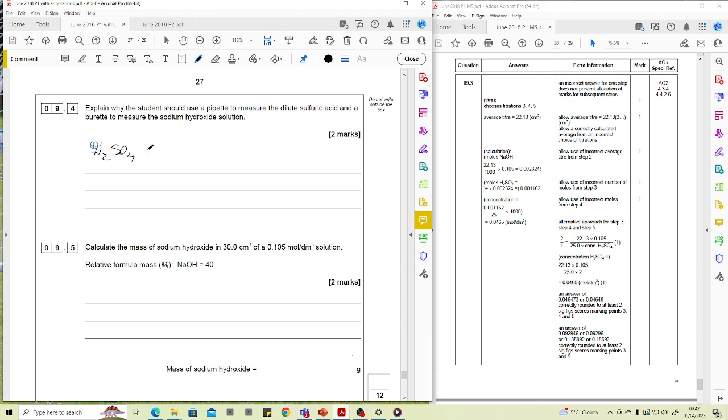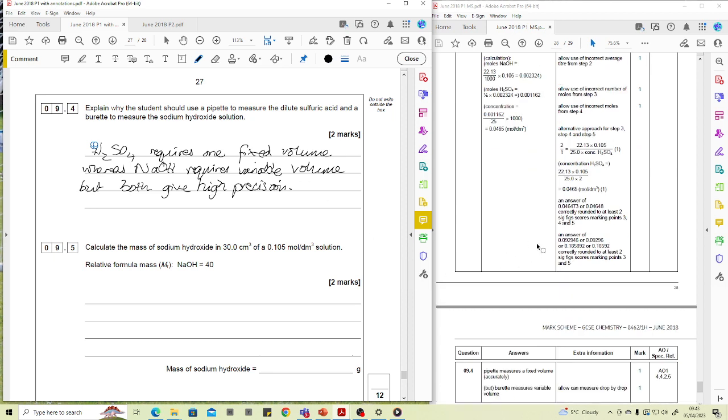So H2SO4 requires one fixed volume, whereas NaOH requires variable volumes. But both give high precision. So rather than a measuring cylinder or something like that.